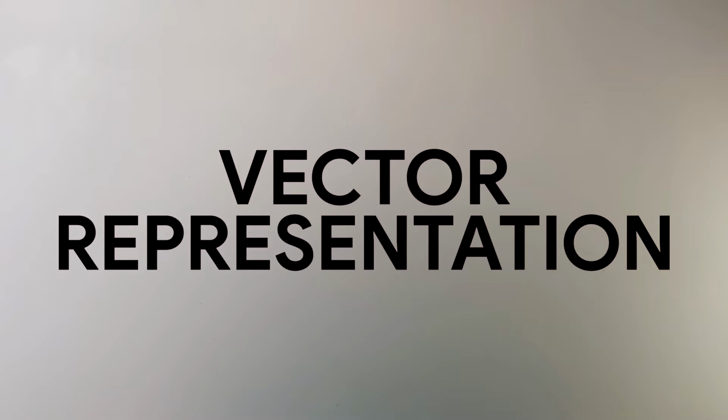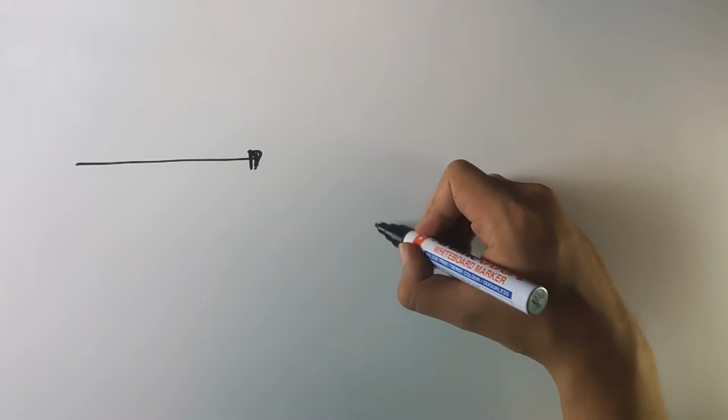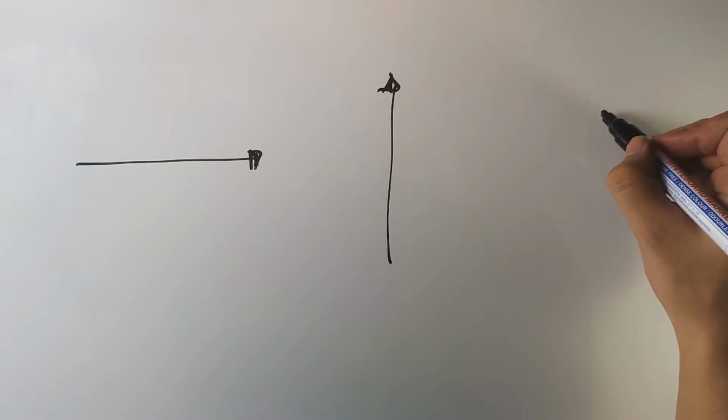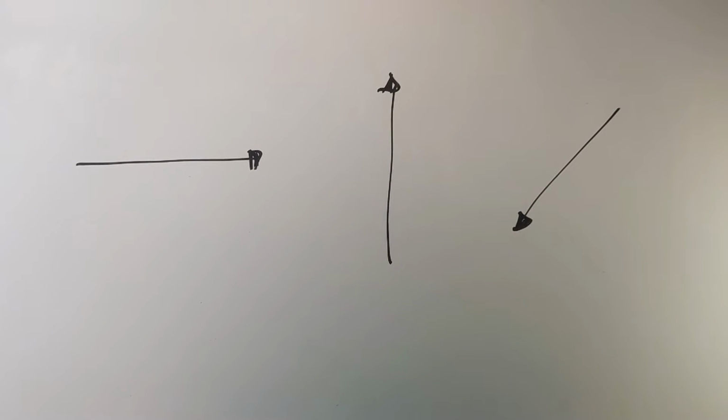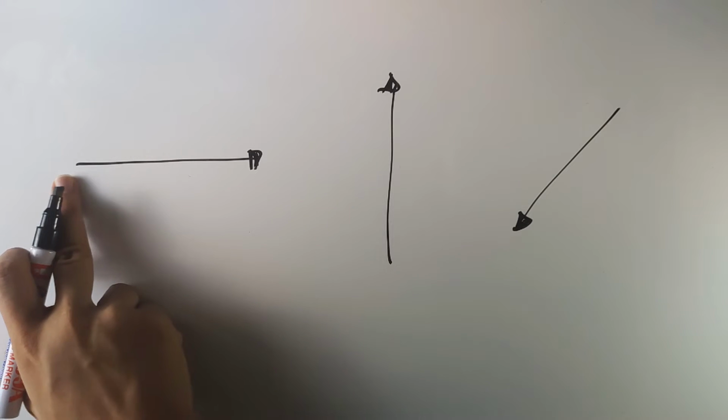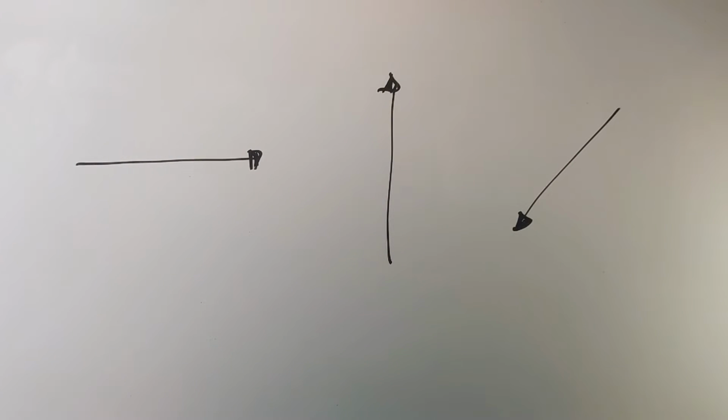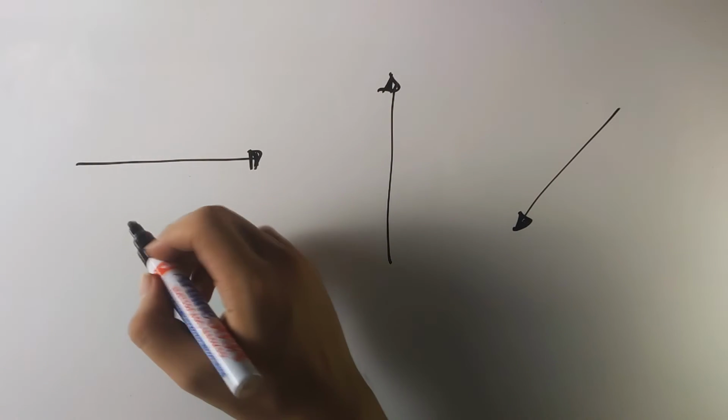So we represent vectors as arrows. An example would be something like this, or something like this, or something like this. A vector is represented by an arrow with an arrow tail and an arrowhead. The length specifies the magnitude. Let's say this is 10 meters.